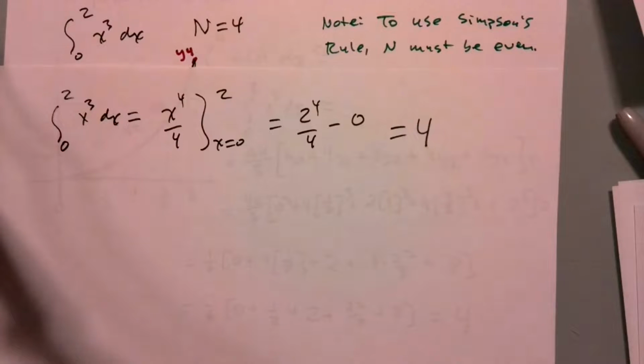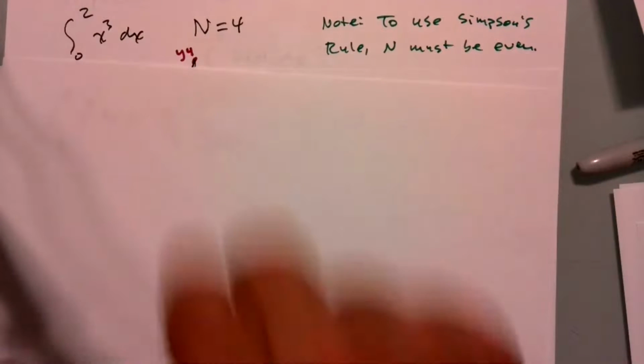I think I have time to do one more Simpson's rule. So let's go back to the integral from 0 to 2 of 3 to the x dx. And this time let's use Simpson's rule with n equals 6. So here's what we're going to do in our waning minutes of our time this evening.